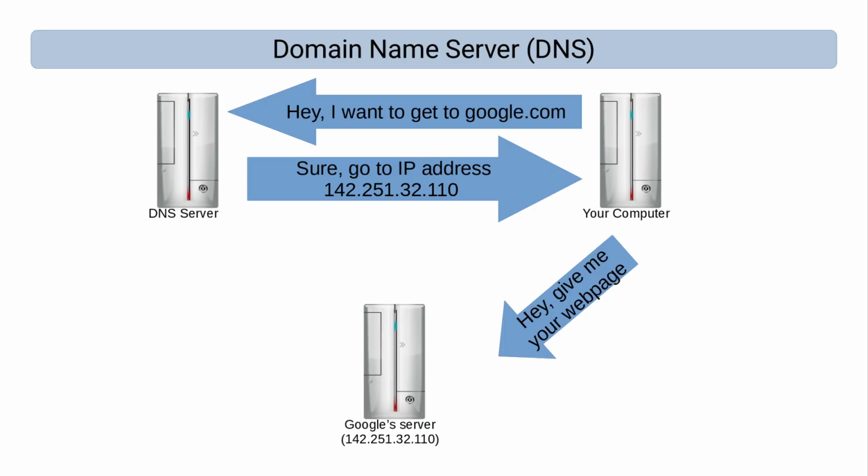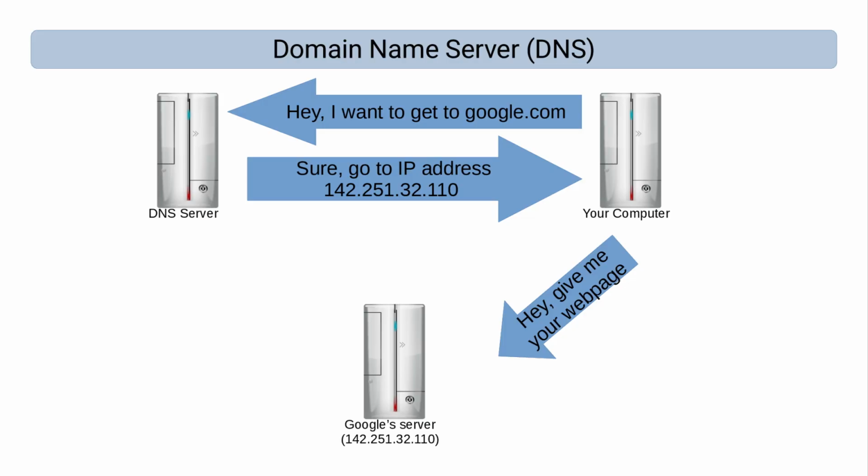So whenever you want to go to some place like google.com, it actually asks a special server called a DNS server, "Hey, I want to go to google.com. What is the IP address for google.com?" So the domain name server, which is normally provided by your ISP, like for example Comcast or Xfinity or Verizon, they provide that domain name server.